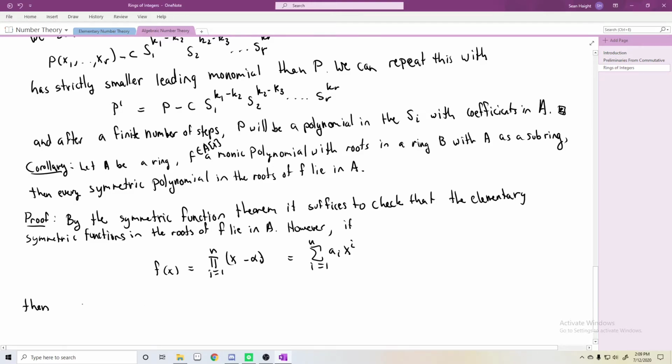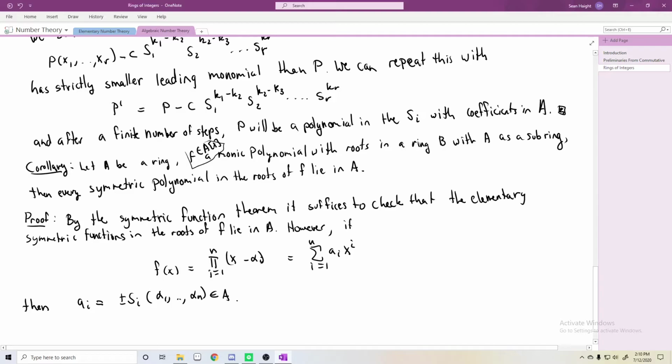Then each coefficient is actually just either the positive or the negative version of the ith symmetric polynomial in the roots, which is necessarily in A because F is a monic polynomial with coefficients in A. Yeah, I should have started with this, sorry.